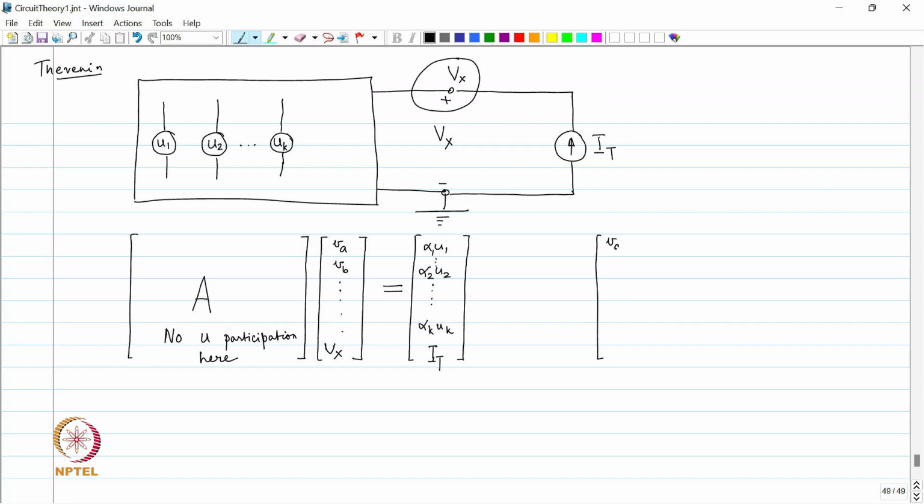I get V A, V B all the way till V x. This is equal to A inverse times alpha 1 u 1, alpha 2 u 2, dot dot dot, alpha k u k, and then finally I t.